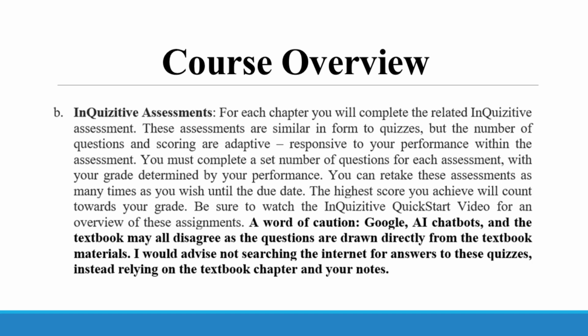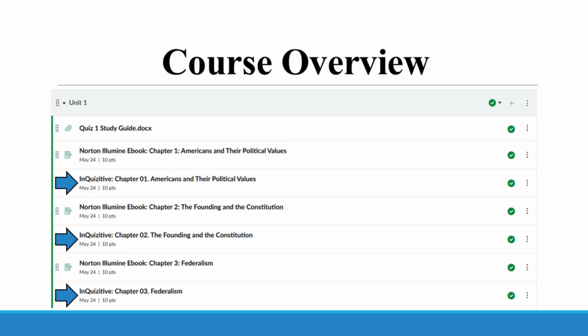This is an adaptive quiz that promotes retention and understanding of the material by presenting you with questions based on your performance. You are to complete an inquisitive and a reading for each chapter. There are 15 chapters in total, therefore, there are 15 inquisitive assignments. Collectively, these are worth 30 points towards your final grade.